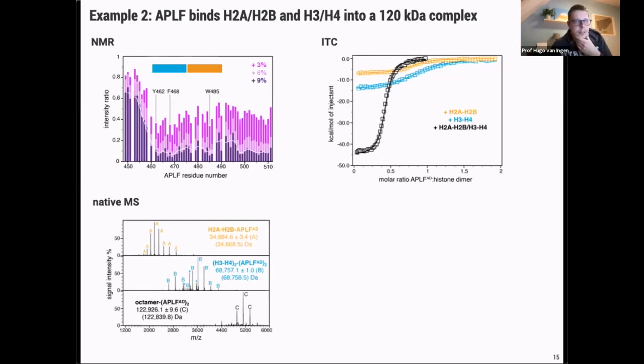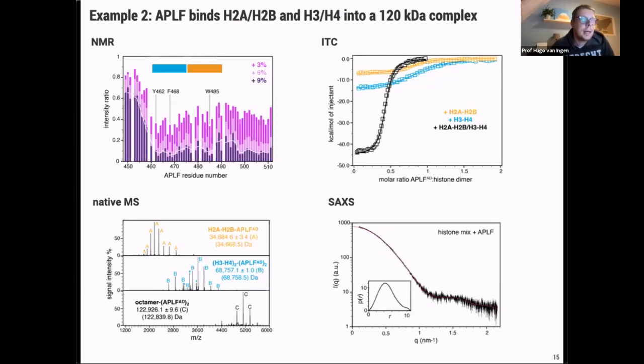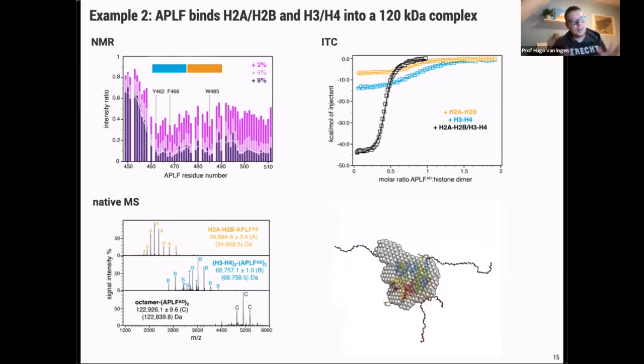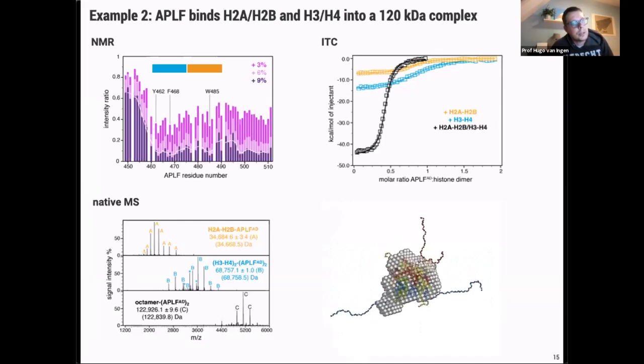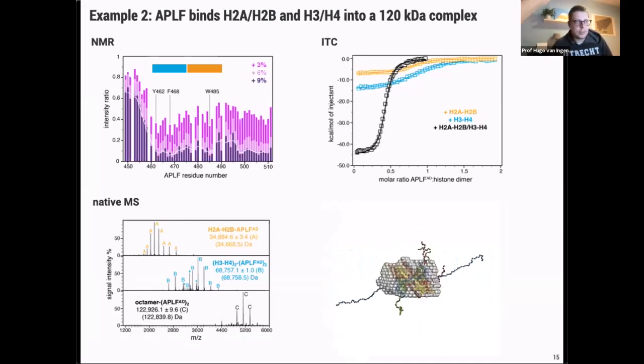From native mass spectrometry, we could determine that the mass corresponds to a histone octamer with two of these APLF molecules bound. And this was fully consistent with solution SAXS data that also suggested the size is compatible with the structure of a native histone octamer. So using all this information, we were in the process of modeling this structure.